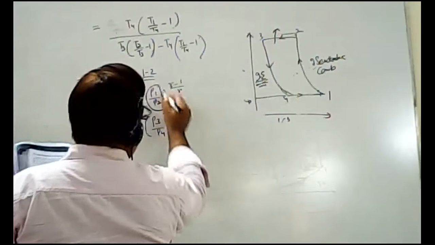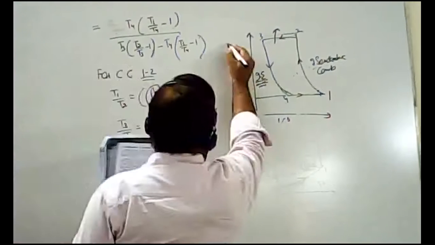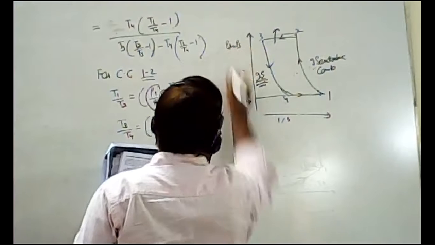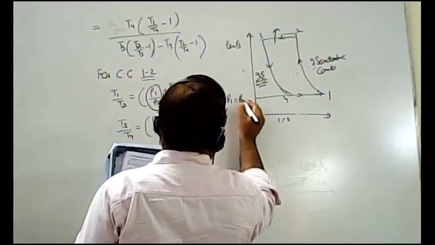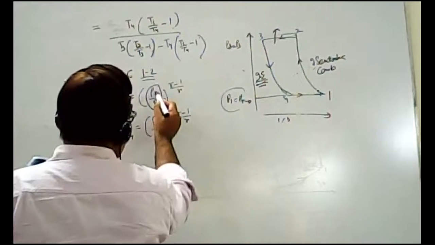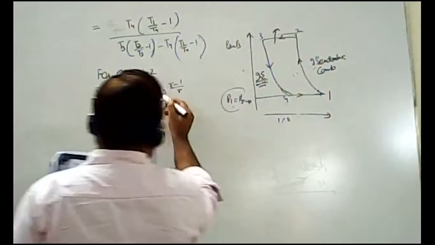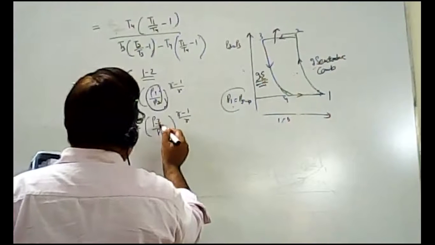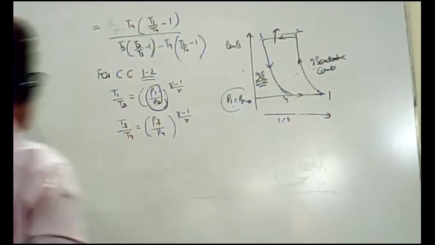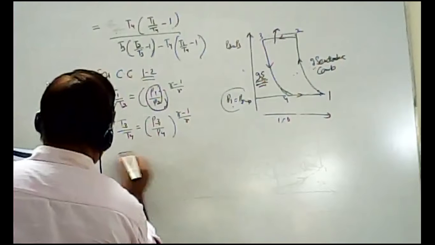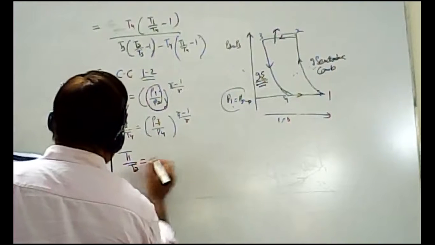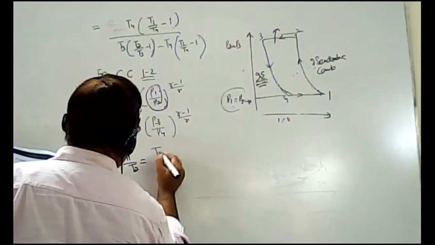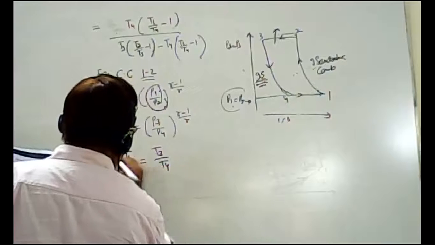Look here: P2 will be equal to P3, and P1 will be equal to P4. So if I divide these two values, T1 by T2 will be equal to T3 by T4.